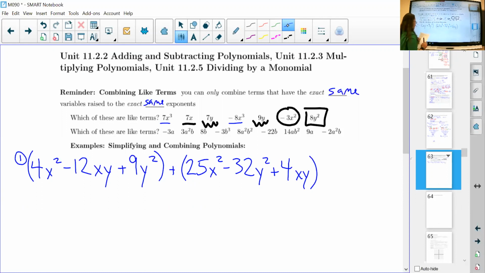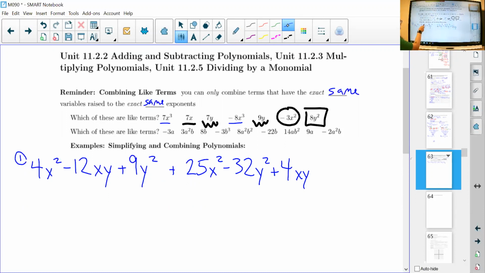Let's take a look at that. First thing I'm going to do is realize that those parentheses are just saying add this thing to this thing. They actually don't even really matter. So I could rewrite them, I could even just erase them. So let's do that. Feel free to rewrite it if you've written in pen.